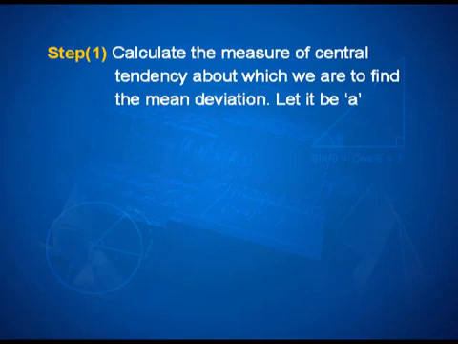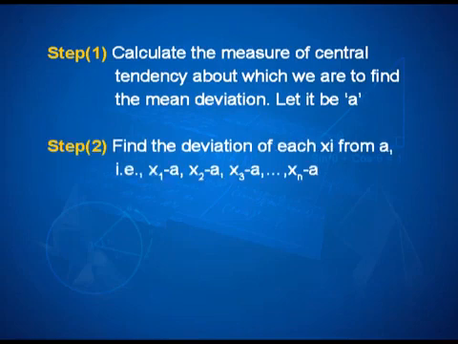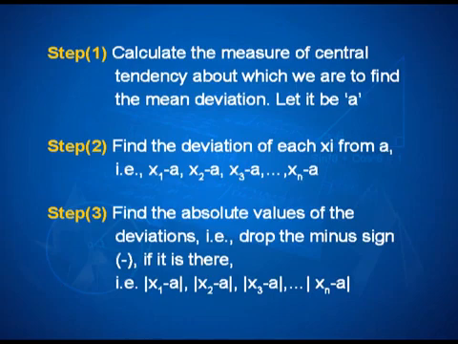Let it be A. In step 2, find the deviation of each xi from A, that is x1 minus A, x2 minus A, x3 minus A, and so on till xn minus A. In step 3, find the absolute values of the deviations, that is, drop the minus sign if it is there: |x1 minus A|, |x2 minus A|, |x3 minus A|, and so on up to |xn minus A|.